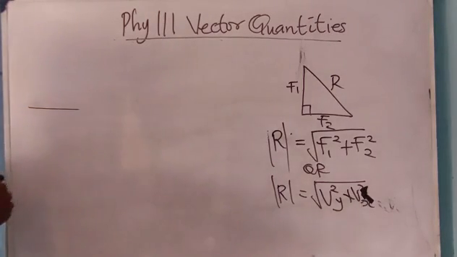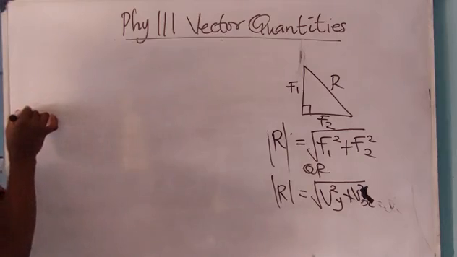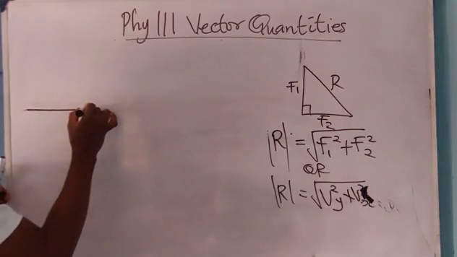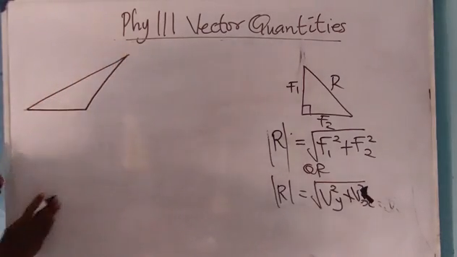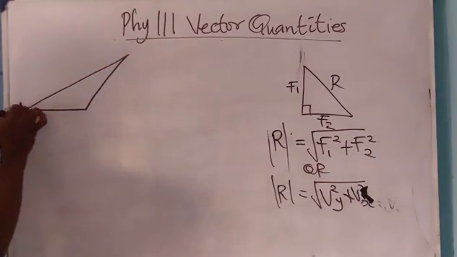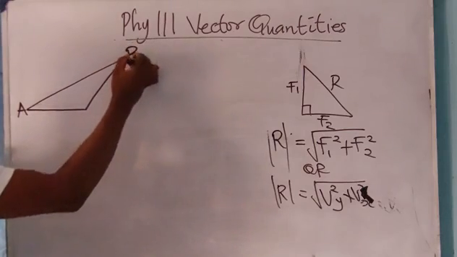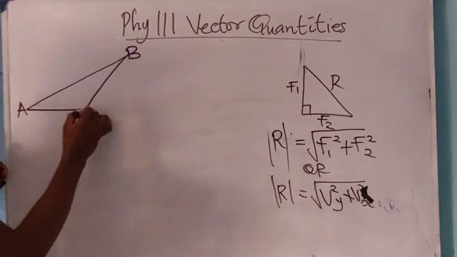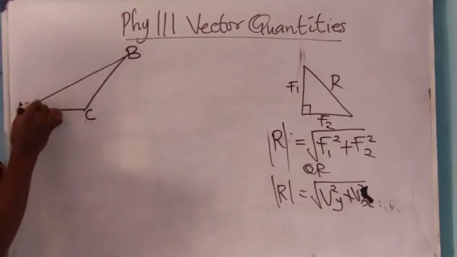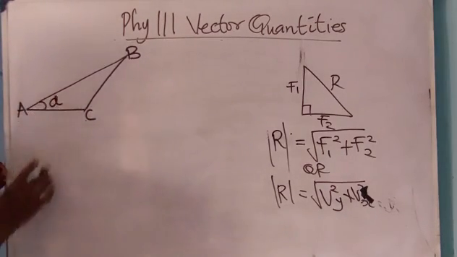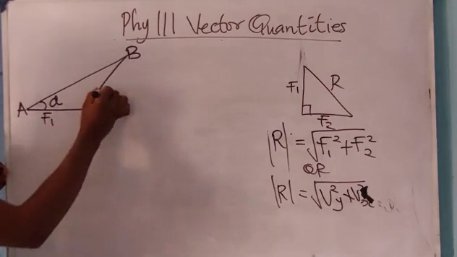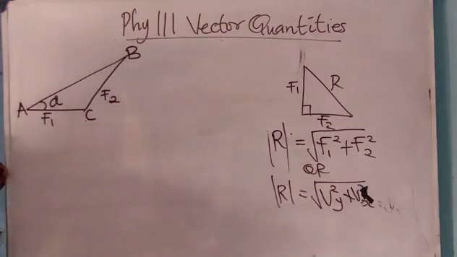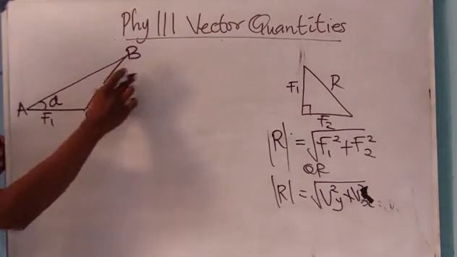If I have an angle like this, I have another one like this, if I make here A, I make here B, and I make here D, C, as the case may be. An angle is here. Let me say here is my force 1, and here is my force 2. You have A, B, C.